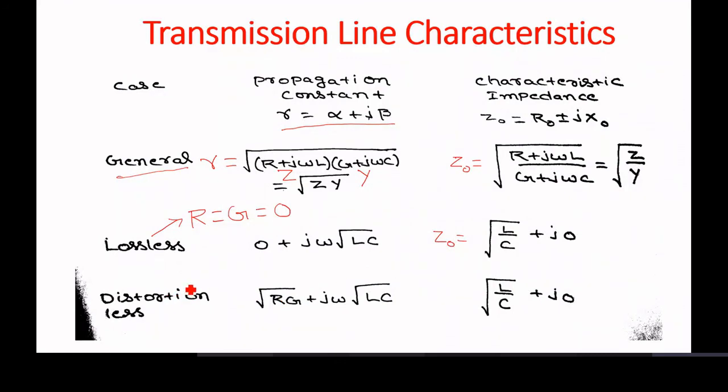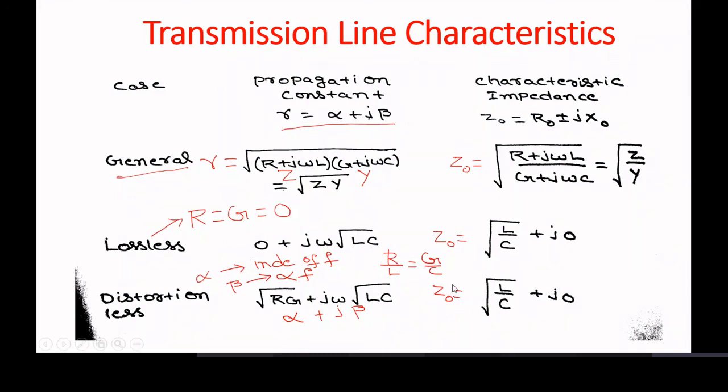Similarly, a line is distortionless when alpha is independent of frequency and the phase constant beta is a linear function of frequency. For that we have to take R by L is equal to G by C. So this gives alpha plus j beta, and this is the characteristic impedance for the distortionless line.